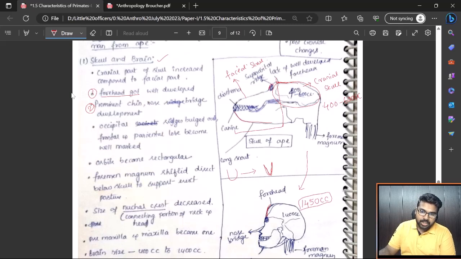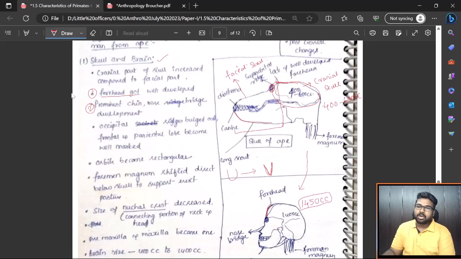Apart from that, look at the eyes. The eye sockets became rectangular, and the brow ridges, this portion, earlier the brow ridges were very thick and the bony sockets were also different, but now the sockets got rectangular and the ridges started reducing.